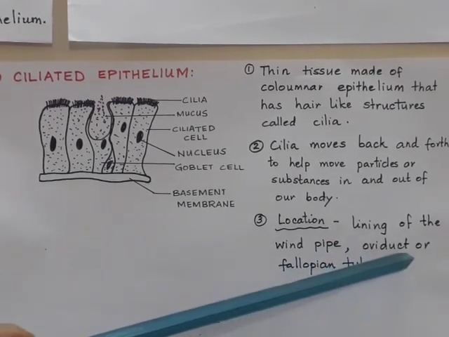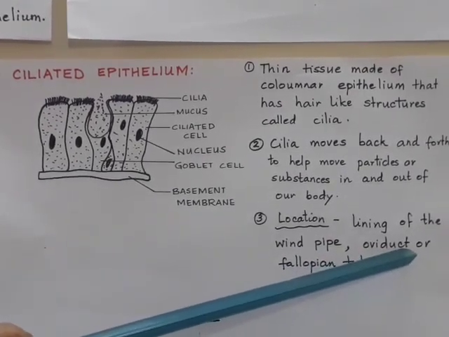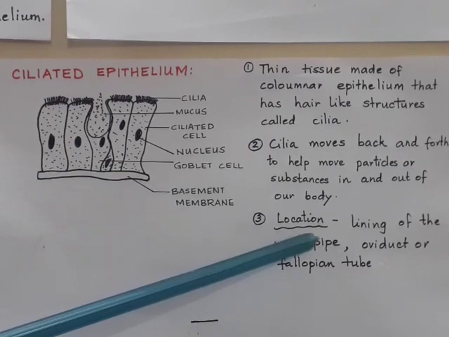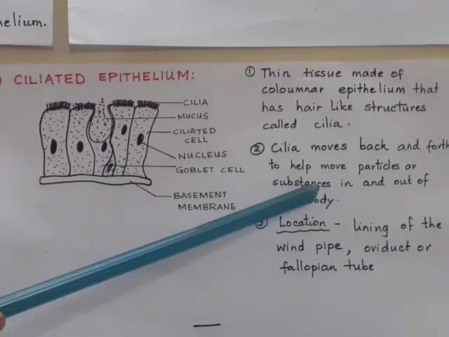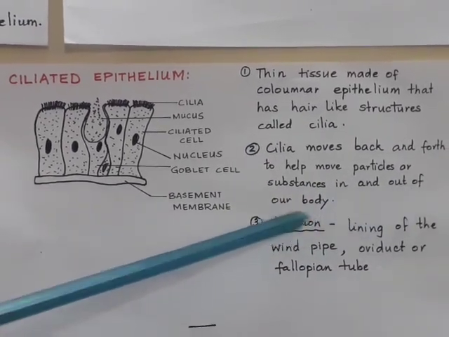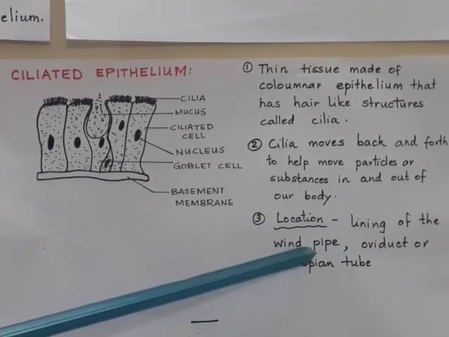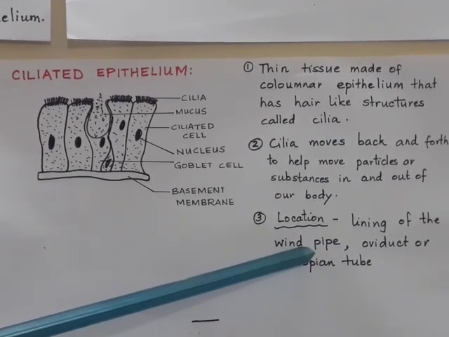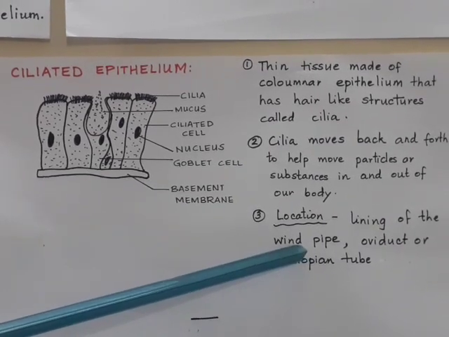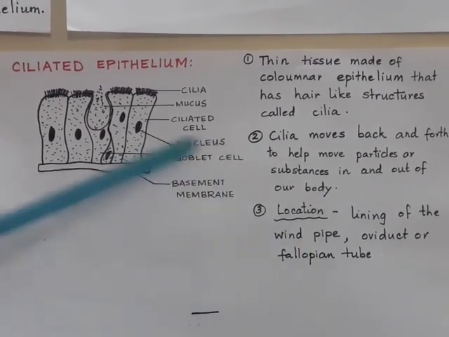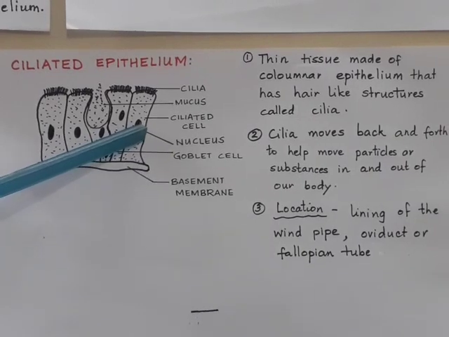In the windpipe, it pushes substances out of the body. So when certain substances which are harmful for our lungs enter, they are pushed out of the body with the help of the ciliated epithelium.